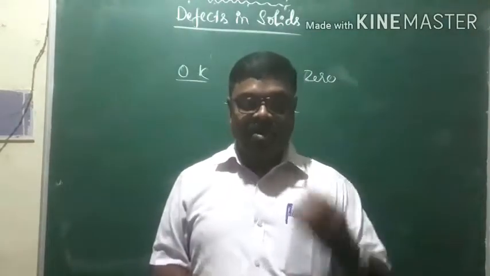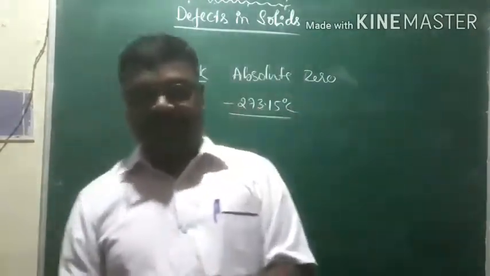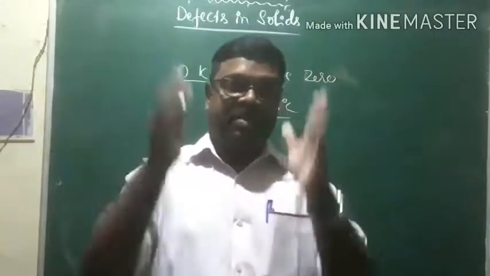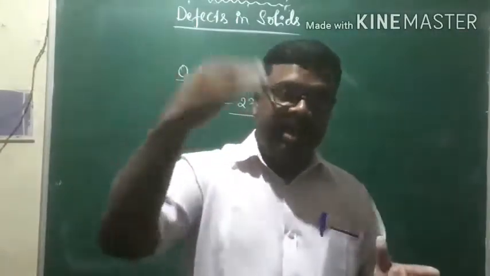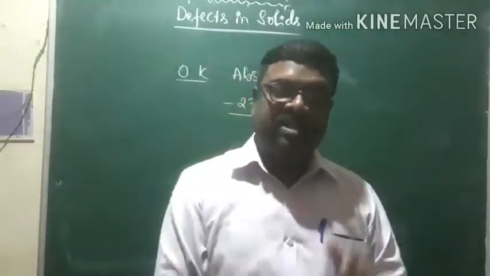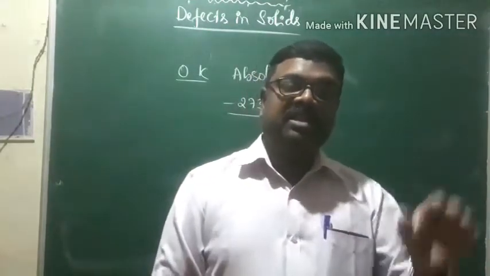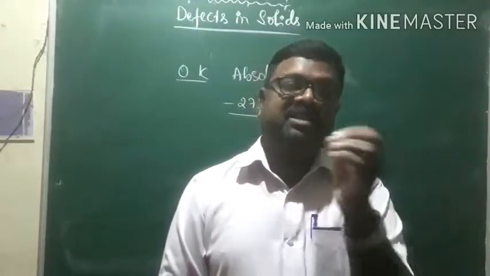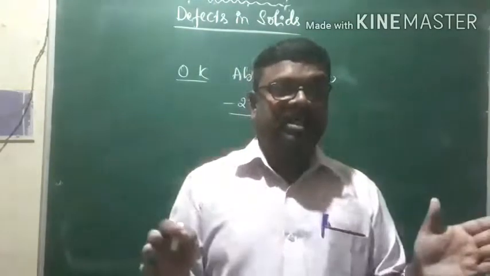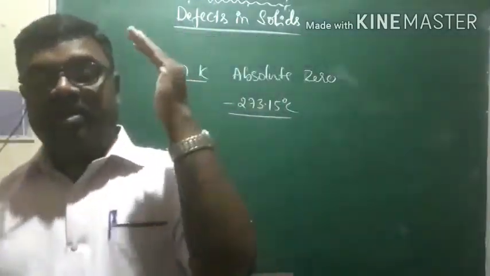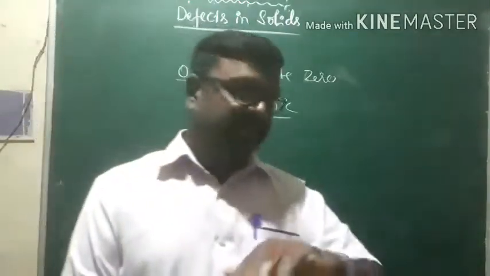Therefore, variations in temperature of a crystalline solid will lead to defects in crystalline solids. Apart from that, the method of crystallization is also responsible for defects in crystalline solids.